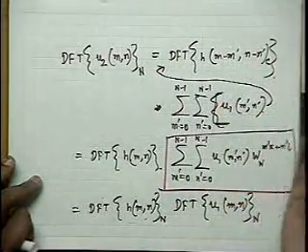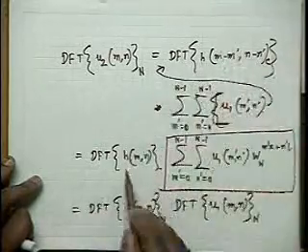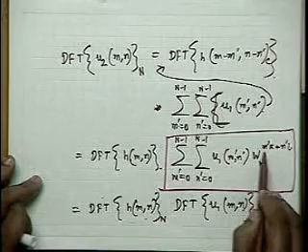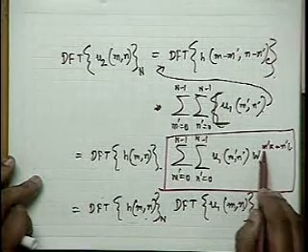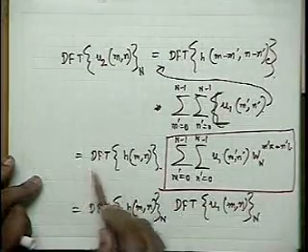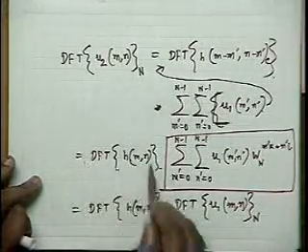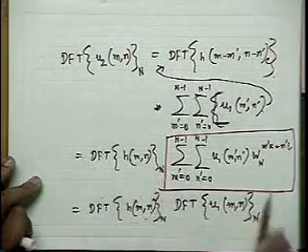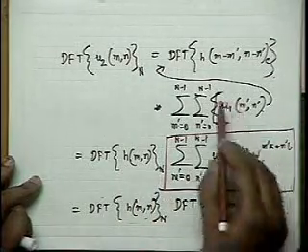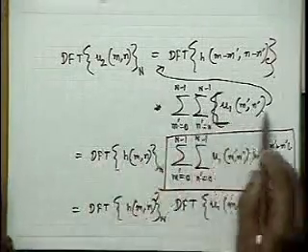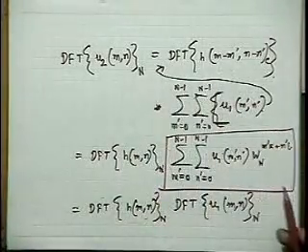Then this results in DFT of h(m,n) times W to the base N, m prime k plus n prime l. In the second step you can take the DFT outside because m prime, n prime are no longer there. So this h(m,n) you can take out at that time. In the first step I should have written the double summation first and then this function.